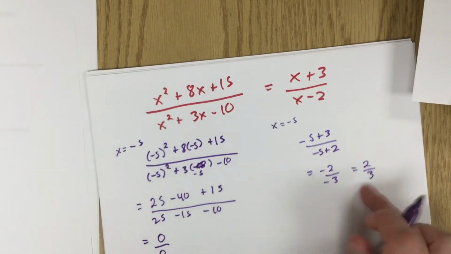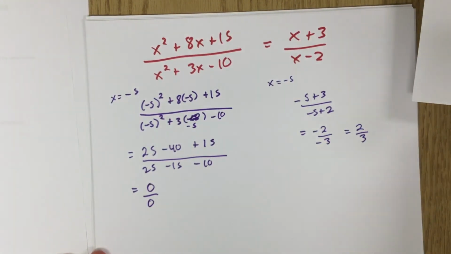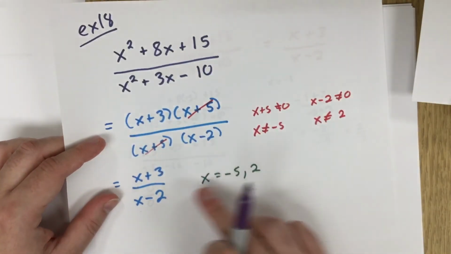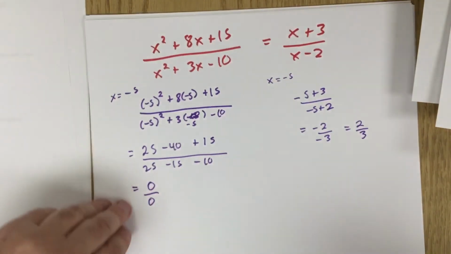And 0 over 0 is definitely not the same as 2/3. So this is equivalent to this as long as the x's are not equal to one of those two. That's what a restriction means.